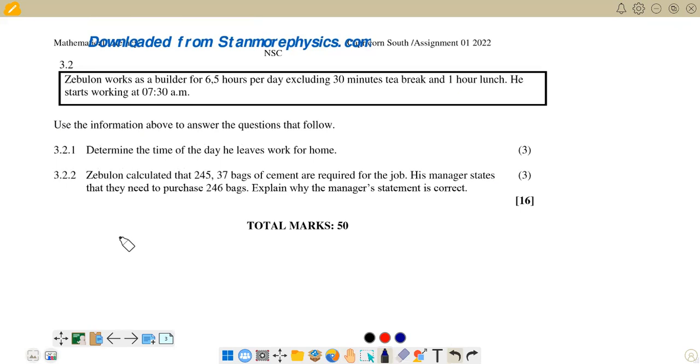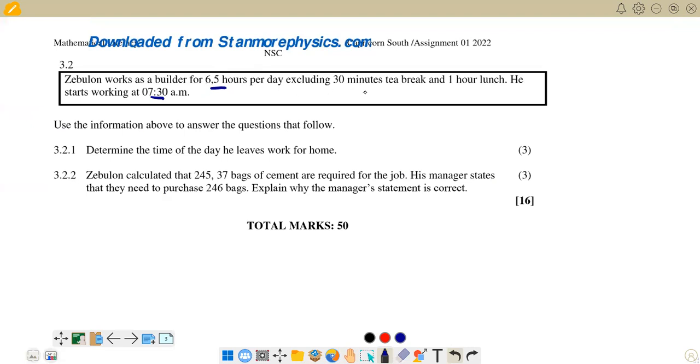So we need to identify when this worker is starting to work. We are told that he's starting at 7:30, and the working hours are 6.5, and the 30 minutes is not included.